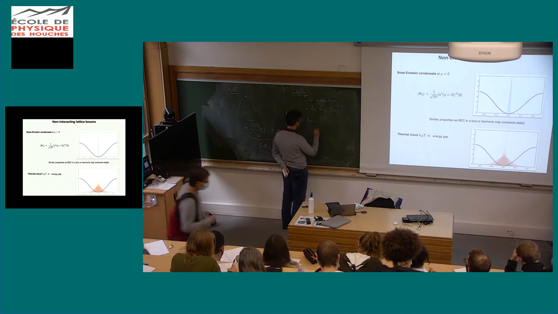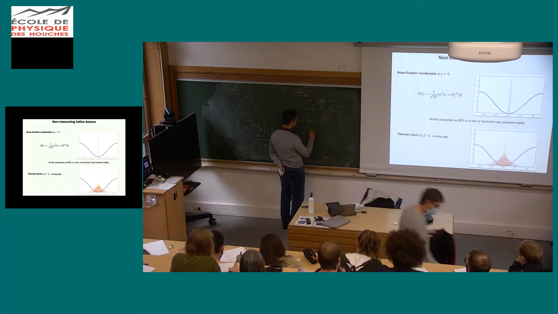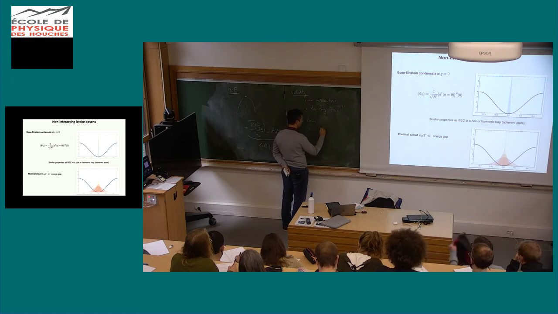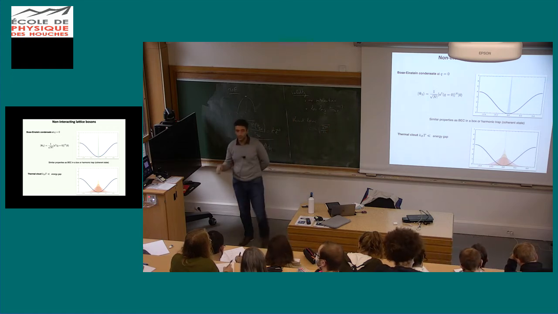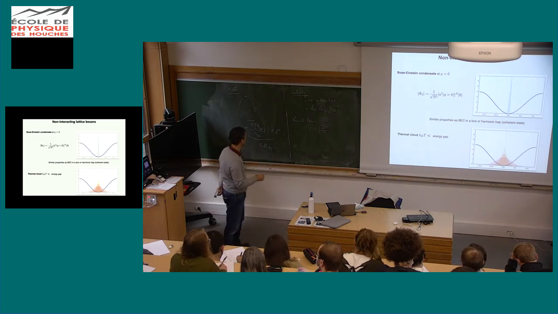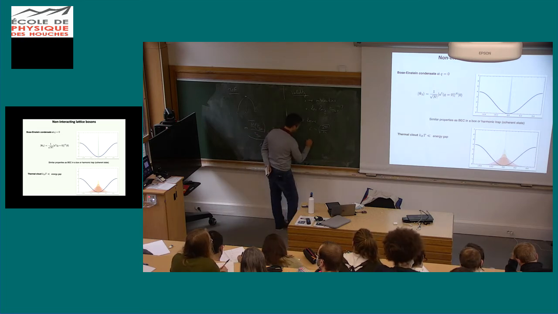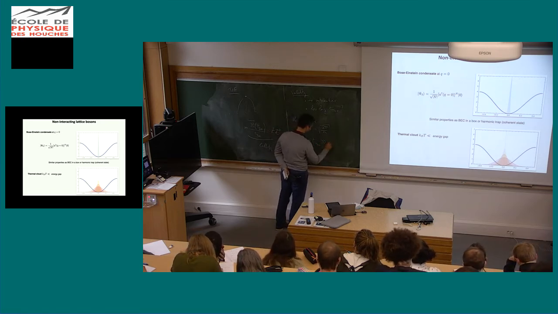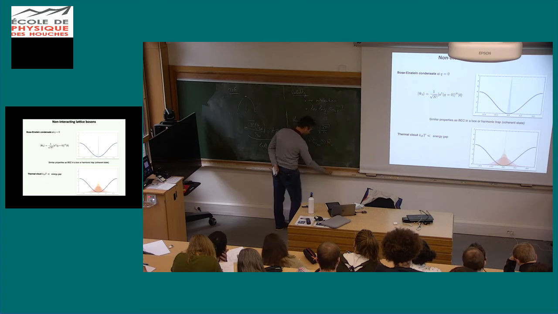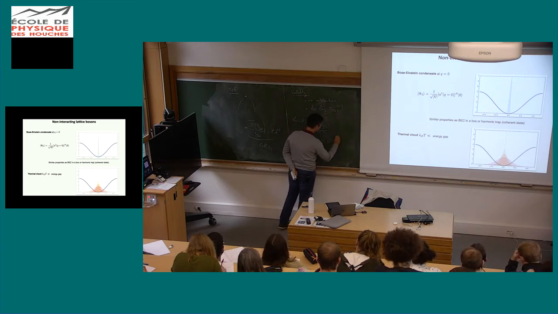So for typical velocities, which will be of the order of sqrt(kT/m), what you want is that v times the time of flight be larger than the distance r naught, which will be the in-trap size.